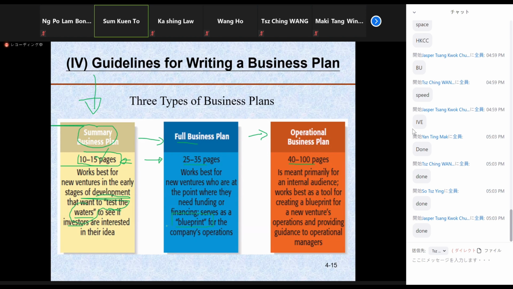And after they decided to sponsor you to invest in your company, and then they will ask you for a detailed proposal, a full operational plan. 請幾多人，幾點開鋪，個鋪喺邊，買咩設施 they will ask you for all the details. Okay, something like this.